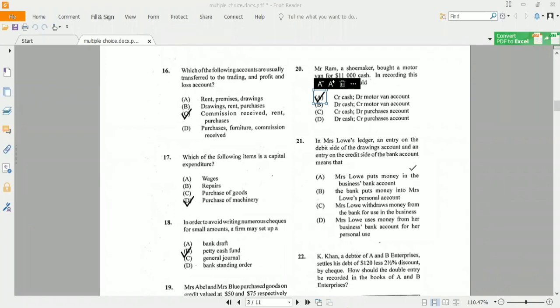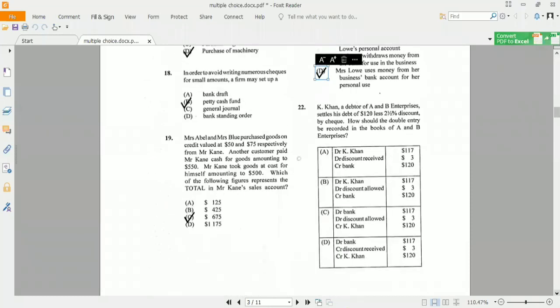Yes, Shanice? It's because money is coming out of the bank account for personal use. Don't forget that. Lovely. Don't forget the personal use. So the response is D. Mrs. Lowe uses money from her business account for her personal use. Lovely.